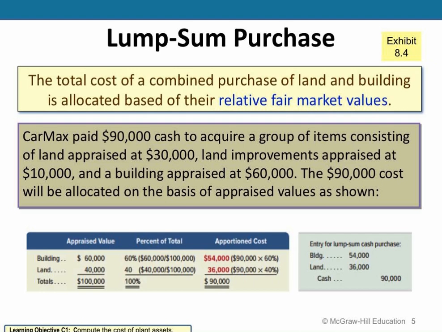In this example, if the building was appraised at $60,000 and the land and its improvements were appraised at $40,000, for $100,000 total, the building would be 60% of that appraised value. So we take 60% of our $90,000 cash that we paid, or $54,000, and allocate that to the building. Then we take the 40%, which is represented by the land, multiplied by the $90,000 to apportion $36,000 to the land value.